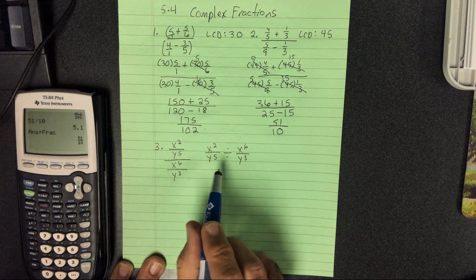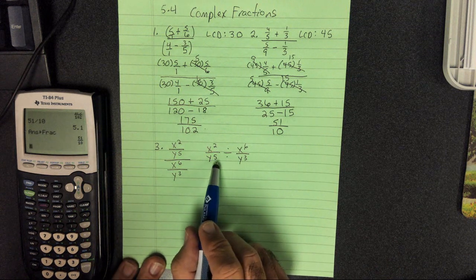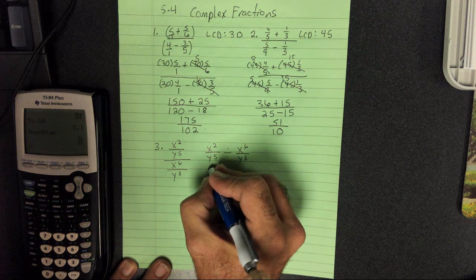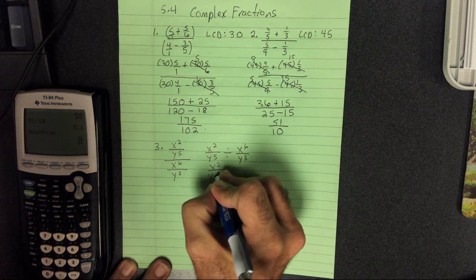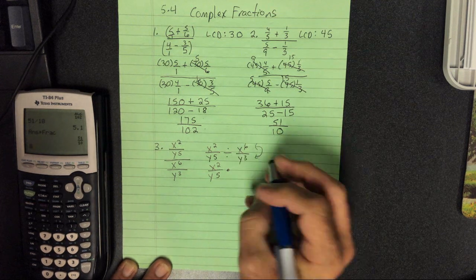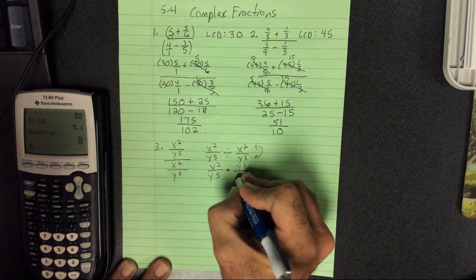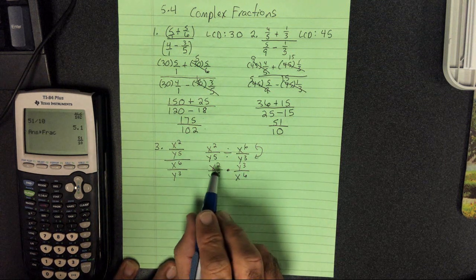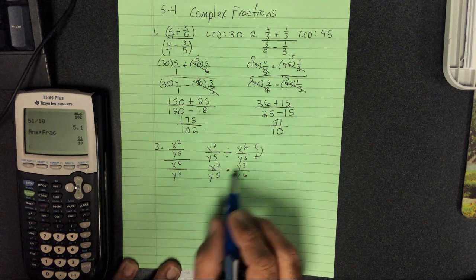So I'm going to write it as division in standard form. Now, I'm going to take the x squared over y^5, turn this to multiplication, and then flip that so that I get y^3 over x^6. So remember, x's can cancel each other, and then the y's can cancel each other.